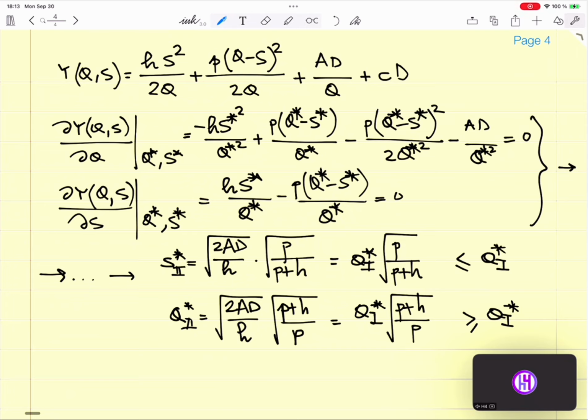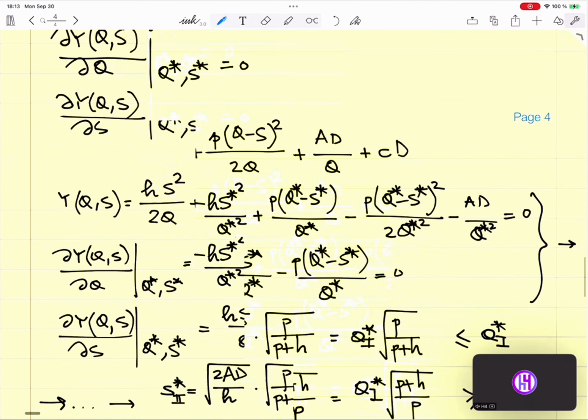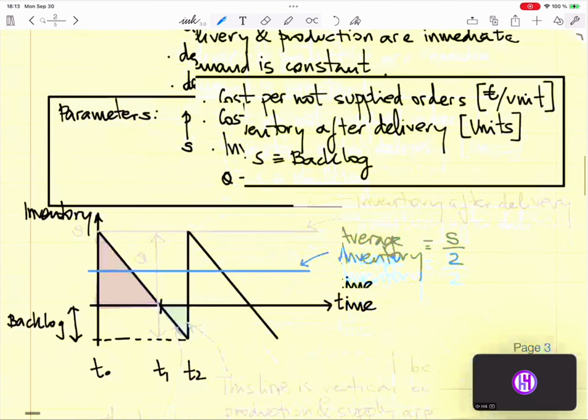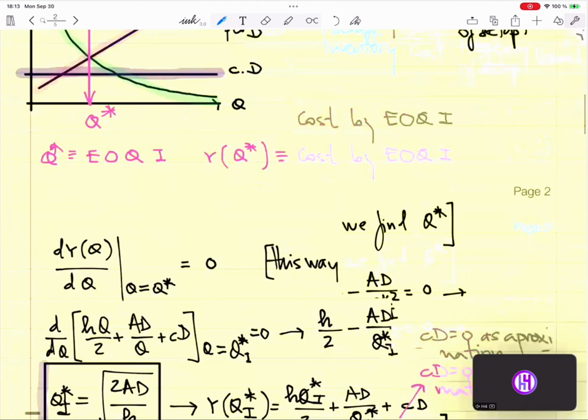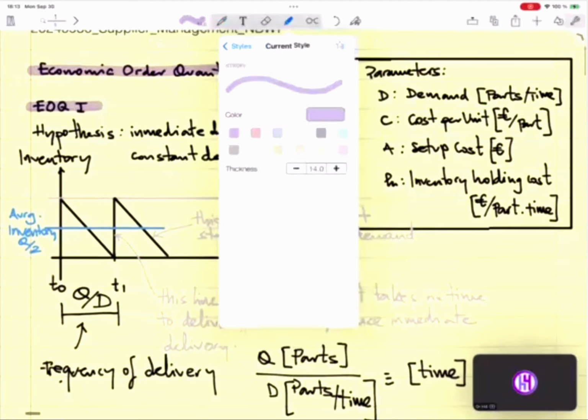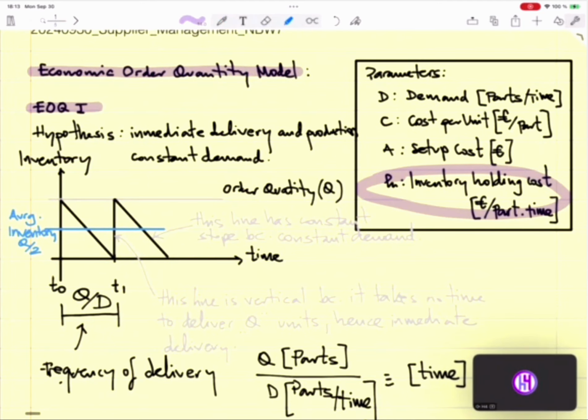When H equals 0, what is the meaning of H equals 0? If H was the holding inventory cost, so how much it costs to retain inventory.